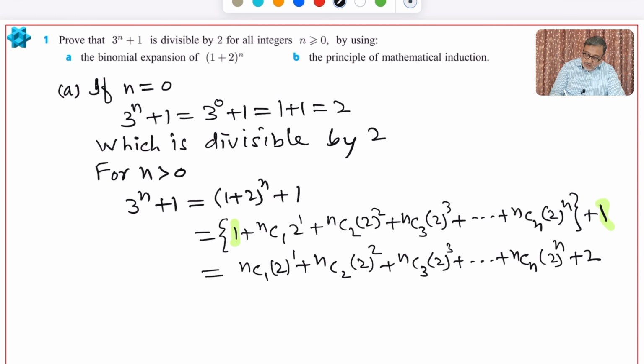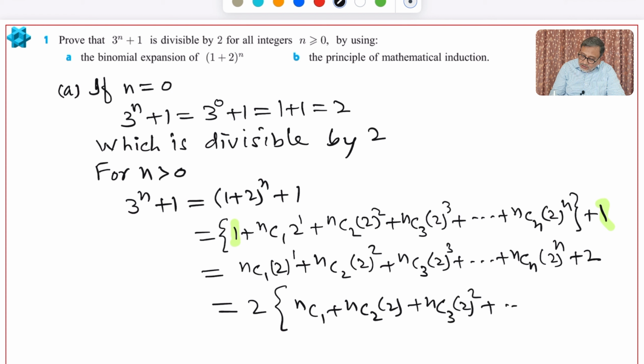Okay. Now 2 we can take common from everywhere, so we are left with nC1 plus nC2 into 2 plus nC3 into 2 square plus so on, nCn into 2 to the power n minus 1.